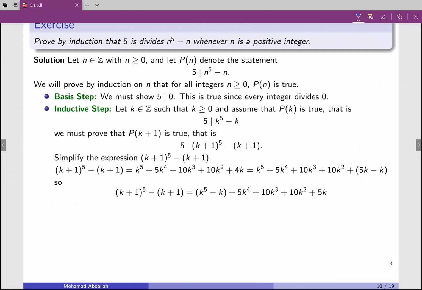So simplify the expression k plus 1 to the power 5 minus k plus 1. As I said, lots of algebra is done here to expand k plus 1 to the power 5. But once you expand it and collect like terms, k plus 1 to the power 5 minus k plus 1 is just this.